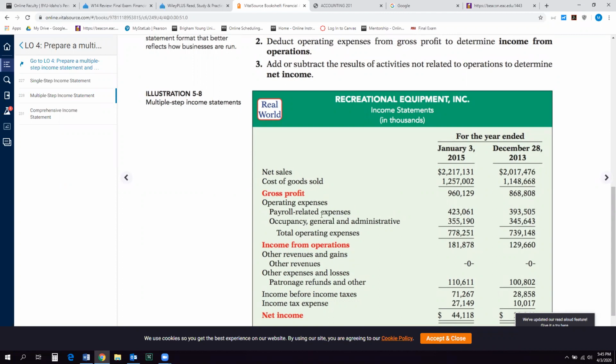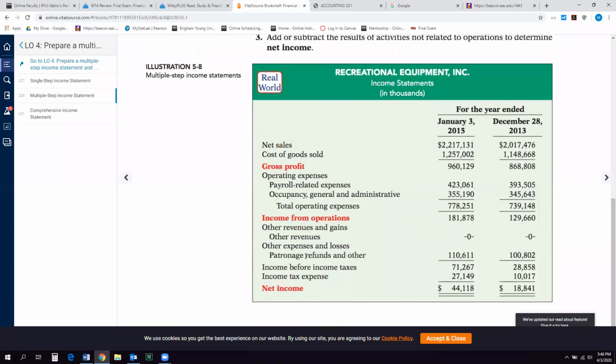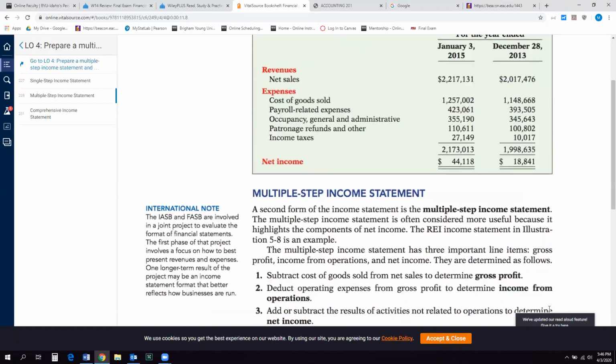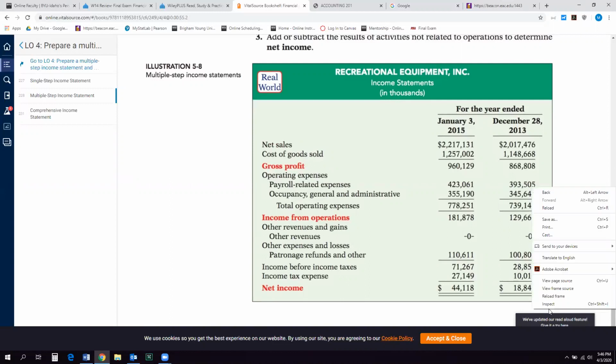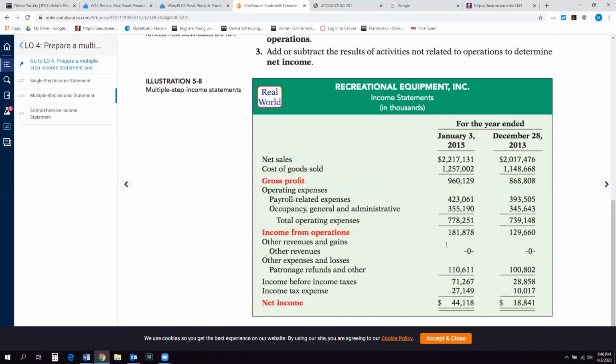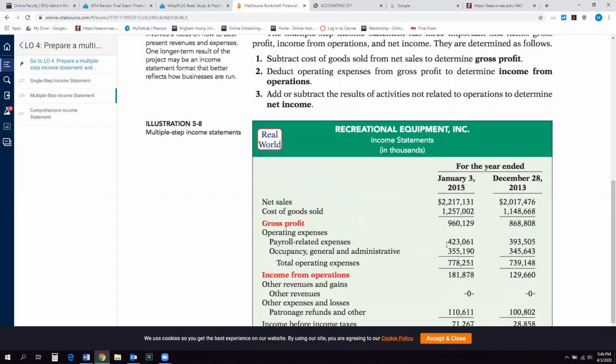Then all of these different expenses, operating expenses and so forth. So gross profit minus all of those is our income from operations. Then other expenses, and then it'll give us an income before income taxes, and then income tax expenses, and then the net income. So actually, you'll see the net income is the same under both. It's just that the multi-step statement has much more detail listed out, and that's the difference between the two.